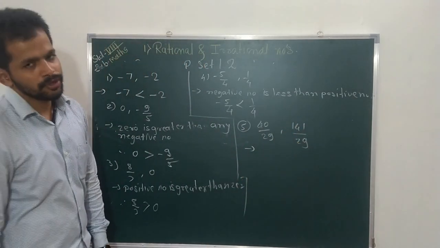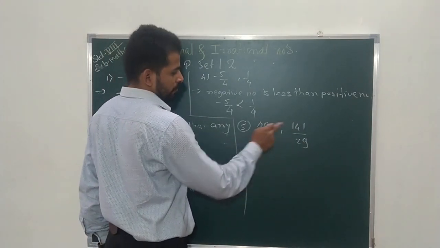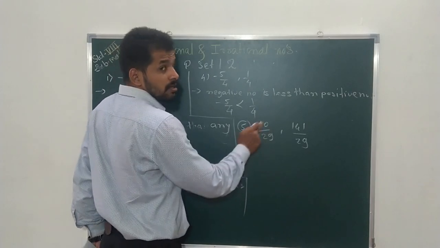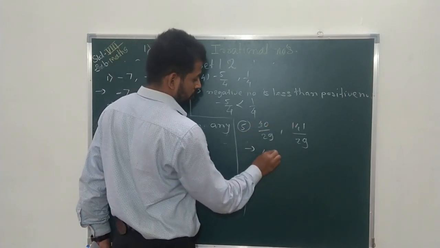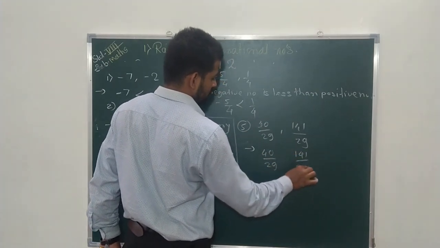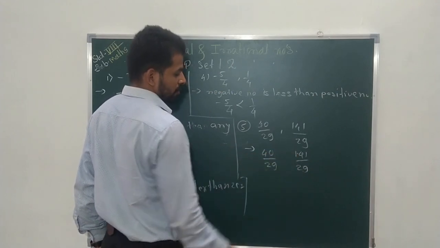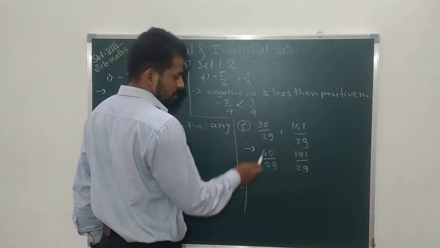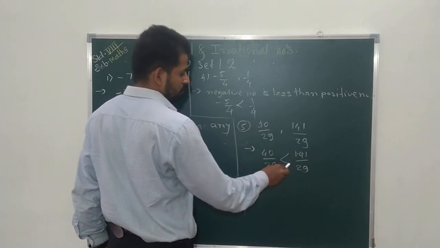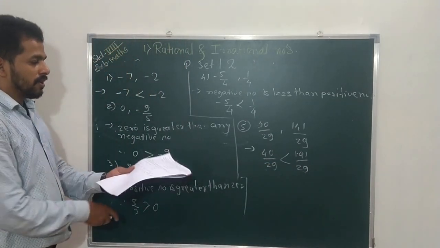Both are positive, and the denominator is the same, so compare the numerators, 40 and 141. 40 is less than 141. That's why 40 upon 29 is less than 141 upon 29.